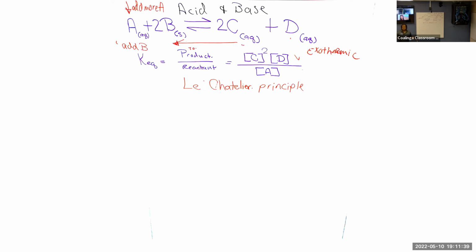Okay, so that means it's on the product side. So if the reaction was exothermic, that means that we will be putting heat into this system. That's going to drive the reaction the other way. So it's going to try to get back to equilibrium by getting rid of some of that heat. And so it's going to go back towards the reactants. Does that make sense?